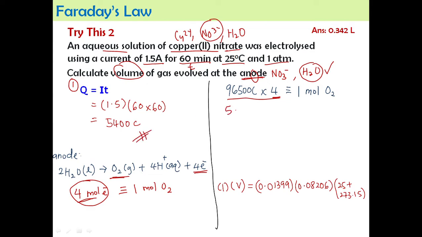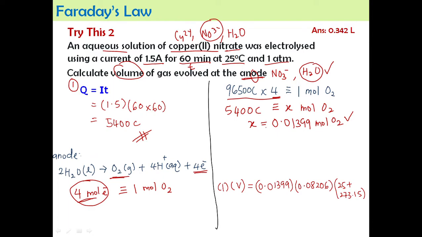So, 5,400 coulomb electric charge akan menghasilkan X mol of oxygen. So, kiralah sampai dapat X. Okay, so pun kira. So, sepatutnya untuk X, mol of oxygen, awak akan dapat 0.01399 mol of oxygen.